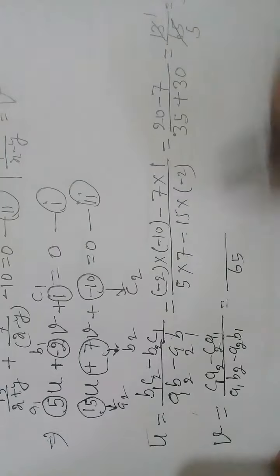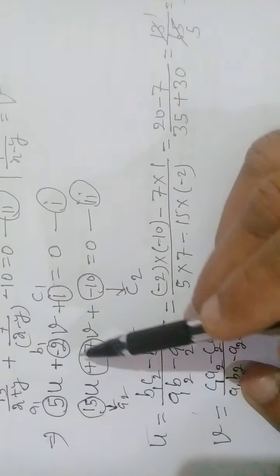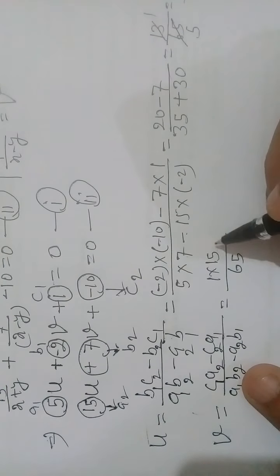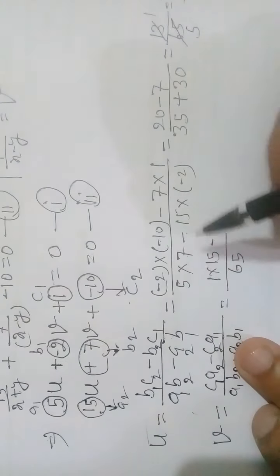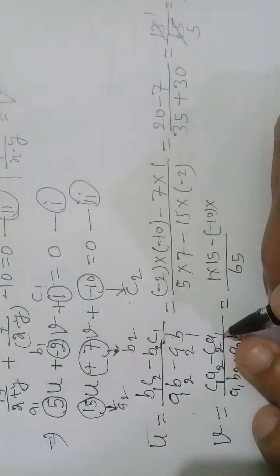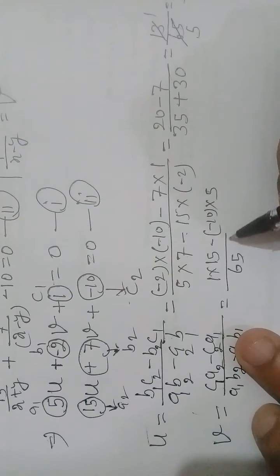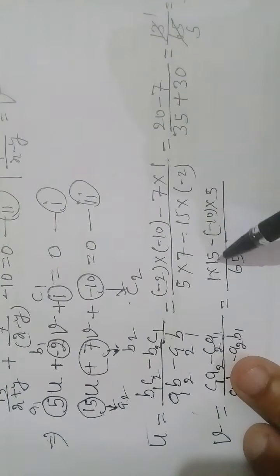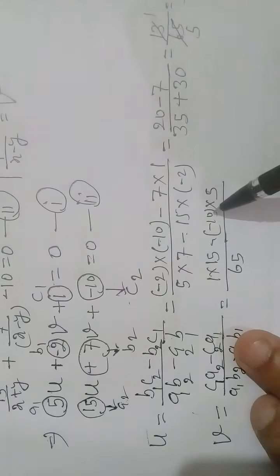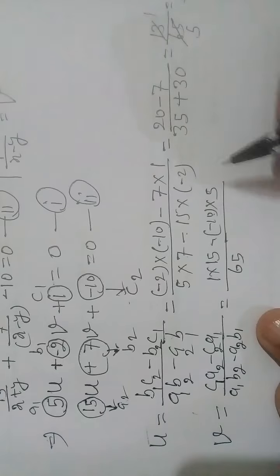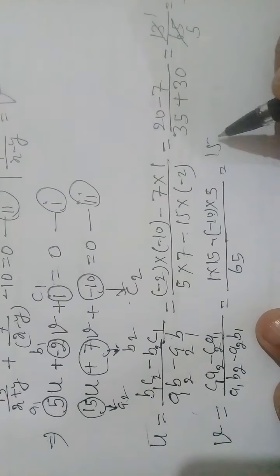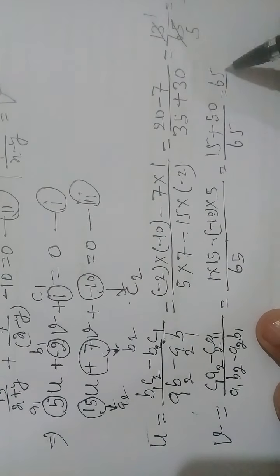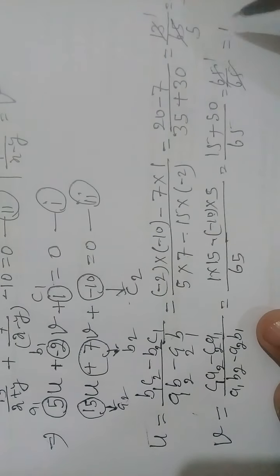C1 is 1, A2 is 15, minus C2, which is minus 10, into A1, which is 5. So 15 plus 50 over 65, which is 65 by 65, so v is equal to 1.